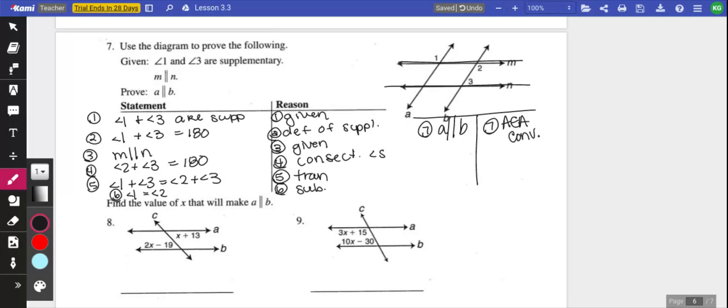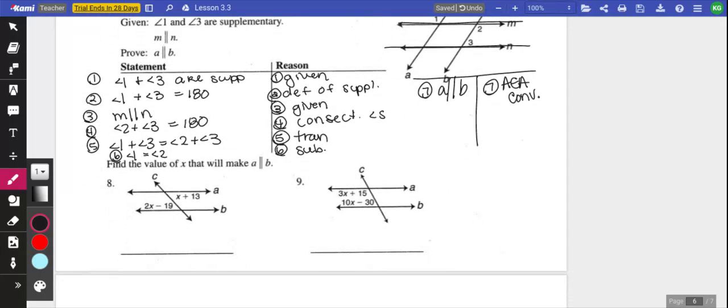All right, in number 8, find a value of x to make A parallel to B. I want them to be equal because they're alternate interior. So I'm going to set 2x minus 19 equal to 1x plus 13. Subtract x from both sides and add 19 to get 32.